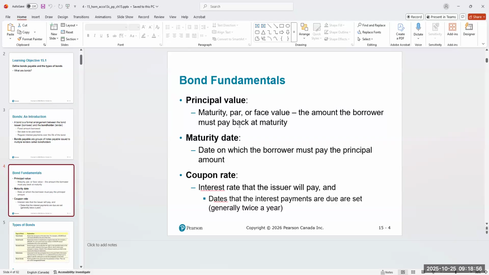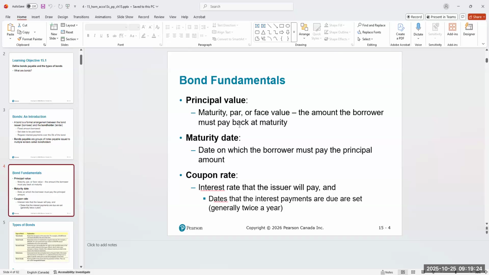What are the fundamentals of bonds? On a bond, we're going to have a principal amount, principal value, which is also called maturity or par or face value. So be careful when you're doing the questions, because you can see the principal value as a maturity value or par value or face value, it's all the same. In different questions, you may see different terms used.